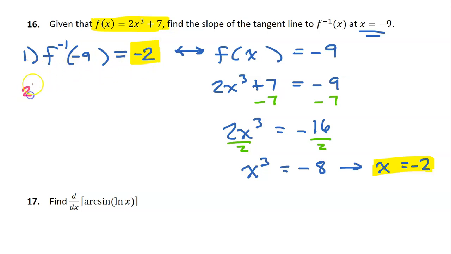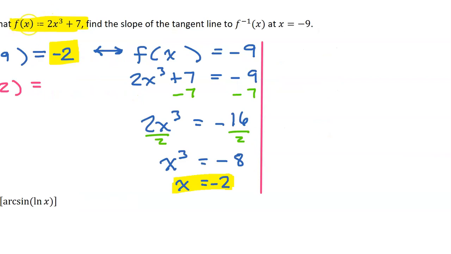Step 2 is to find f prime at the number that we found in step 1. So f prime at negative 2. Keep your eye on function f in yellow. f prime is going to be, using the power rule, 3 times 2 is 6. Reduce the power by 1. The derivative of a constant is 0.